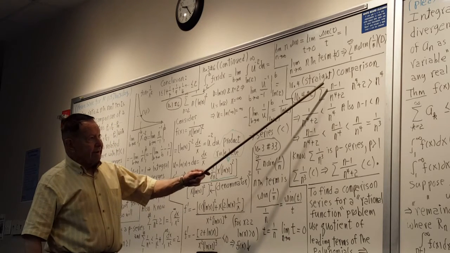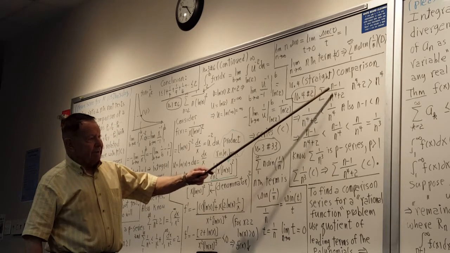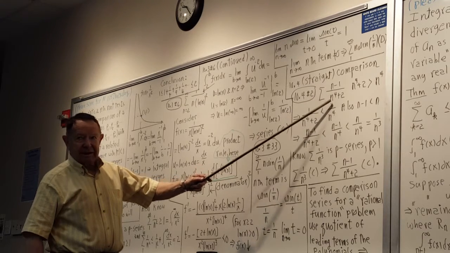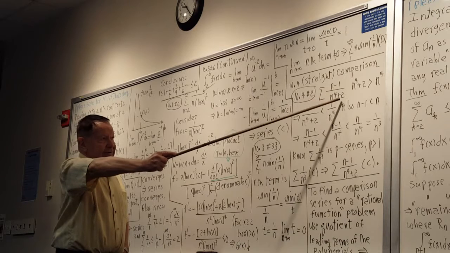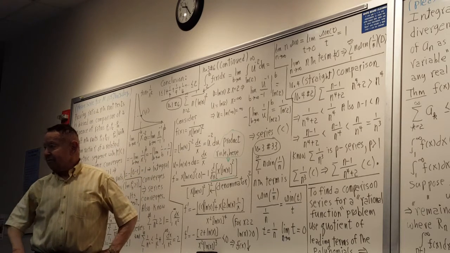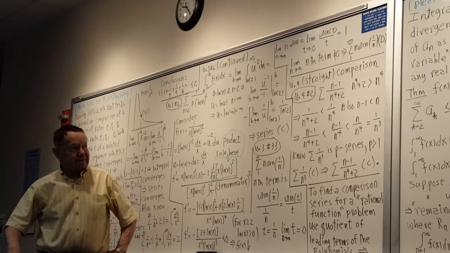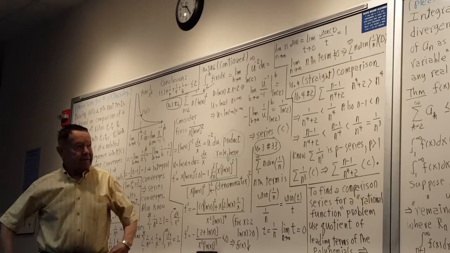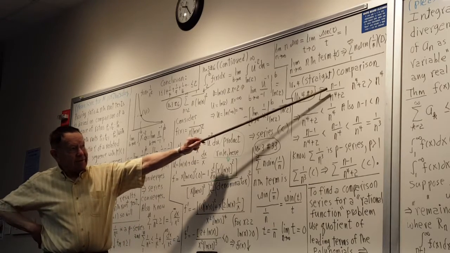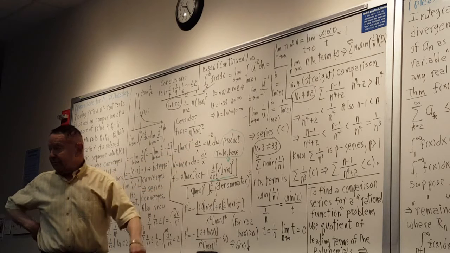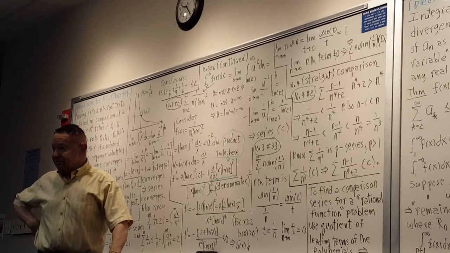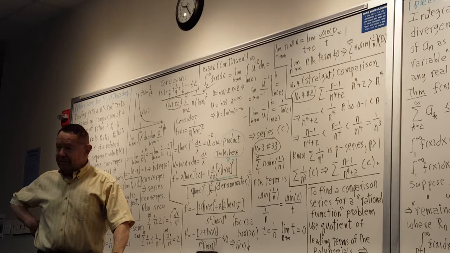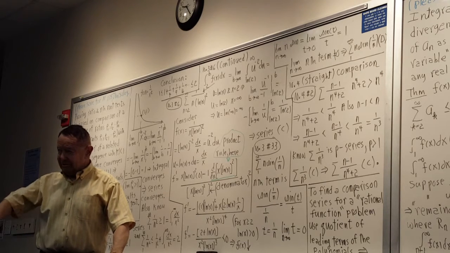There's a rule here for problems like this, where the general term is a quotient of polynomials, what you call rational functions in Math 143, ratios of polynomials.